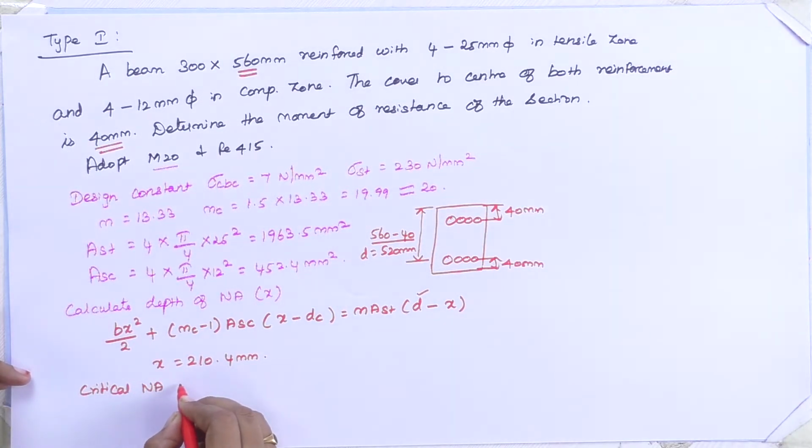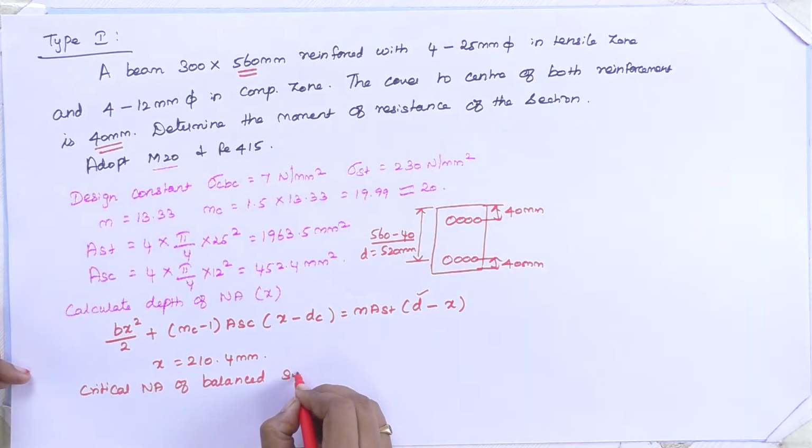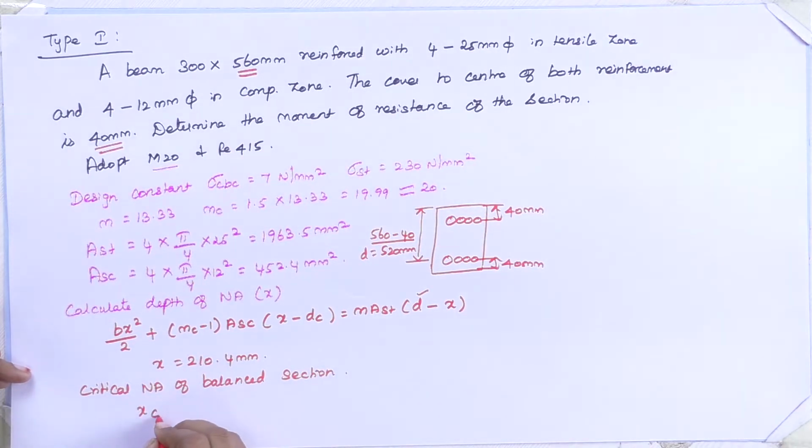Now you can calculate the critical neutral axis of the balanced section. XC is equal to m into sigma CBC divided by (m into sigma CBC plus sigma ST) into d.